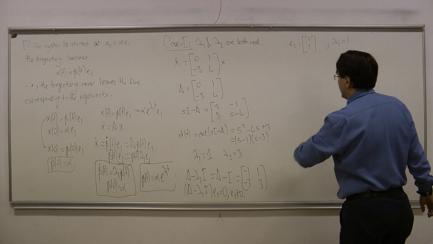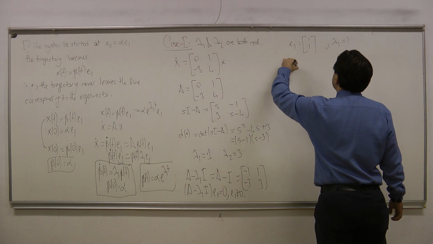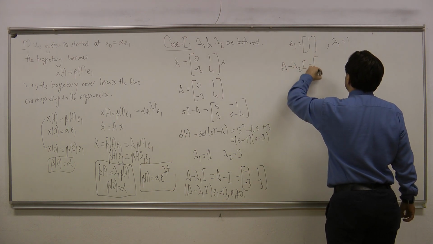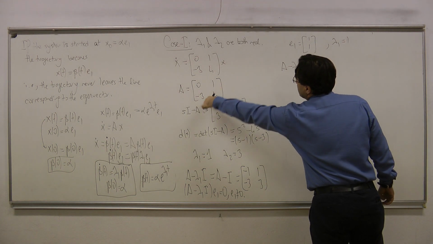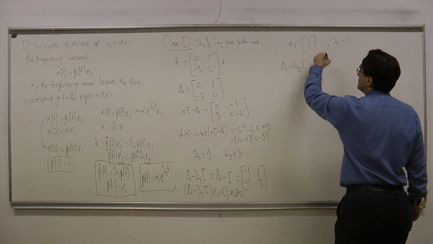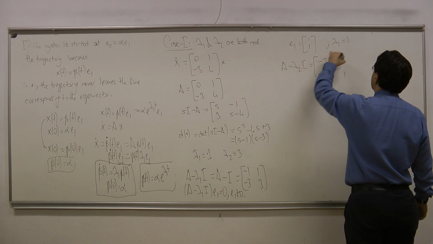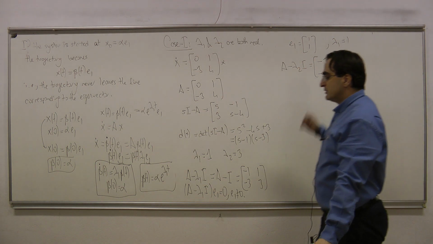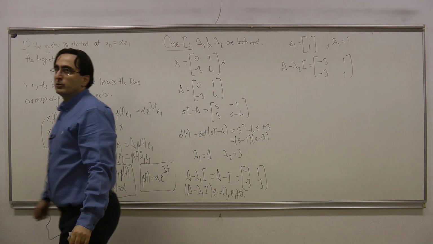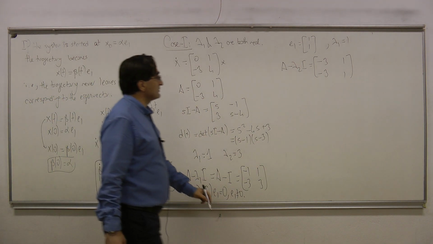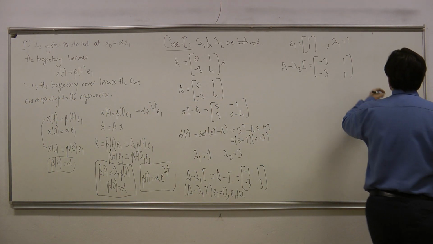And let us consider lambda 2. A minus lambda 2 identity, subtract 3 from the diagonals of this matrix. [-3, 1; -3, 1]. And find a non-zero vector that would give you the 0 vector when you multiply it with this matrix.